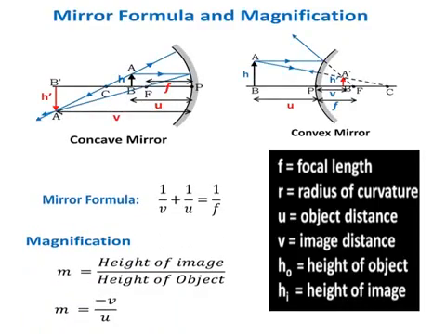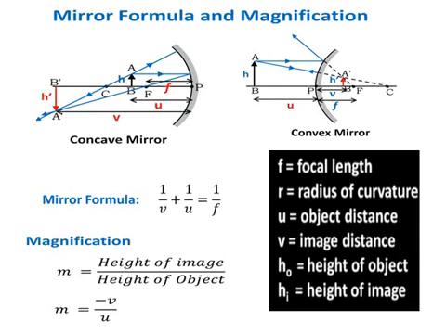Now let us revise the formulas for the spherical mirrors. Whether it is a concave mirror or convex mirror, the mirror formula says that 1 by v plus 1 by u is equal to 1 by f. So what are these terms v, u and f?